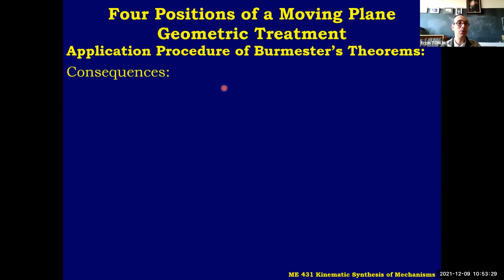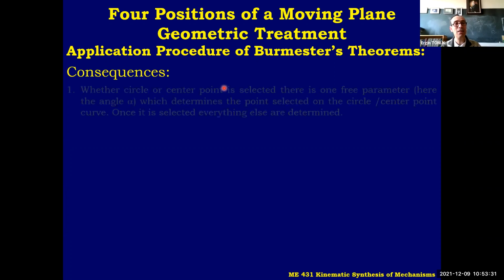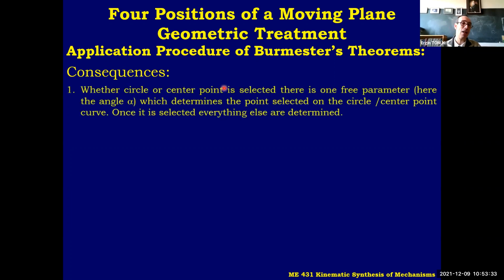We will have similar consequences in the analytical case as well. Whether we use circle or center point curve, there is just one free parameter. In graphical construction, it was our arbitrary angle, which is alpha, or initially I called it gamma, which determines the point we select on the curve, whether it's the circle or center point curve.